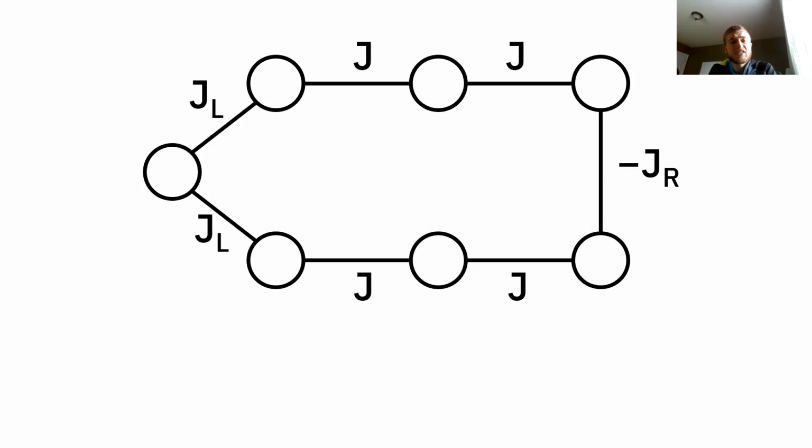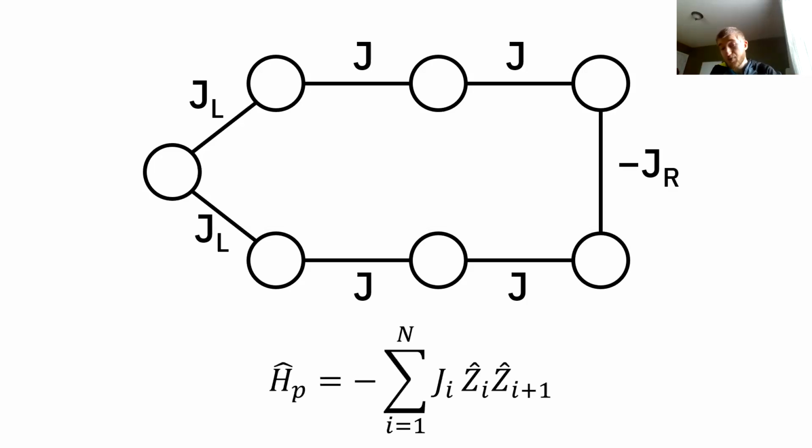And so this is a fairly simple system in terms of how to analyze it. The HP that we have looks something like this. And the idea is that this minus sign on the right of the chain is going to induce some frustration in the system. It's not so important here to remember all of these JRs, JLs, and J's.